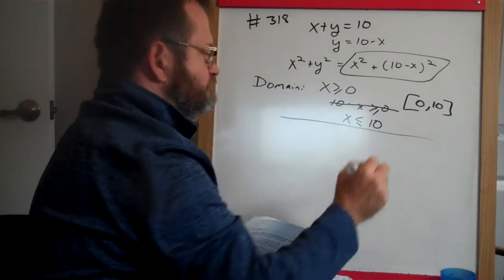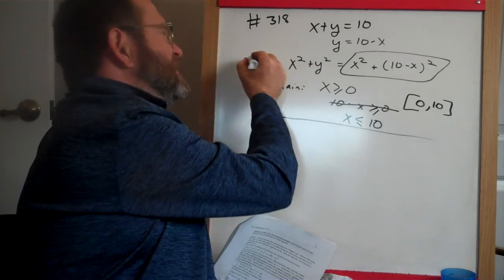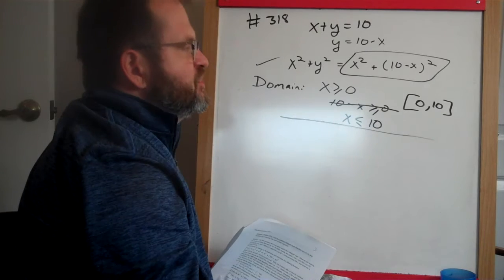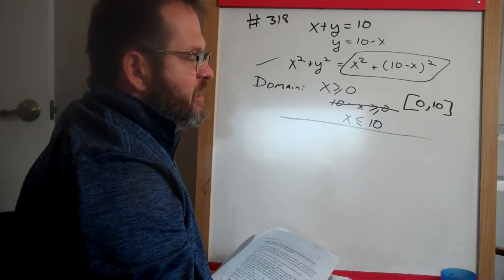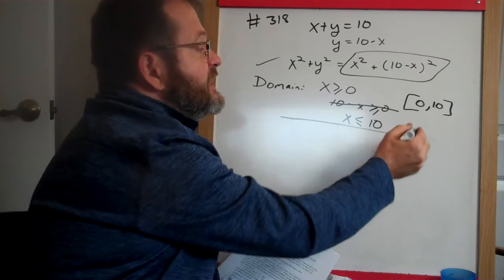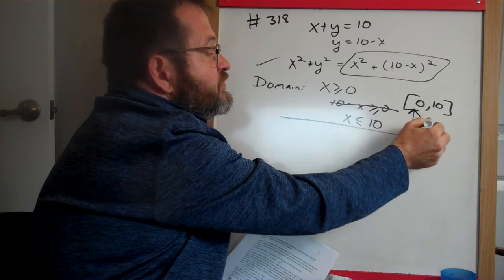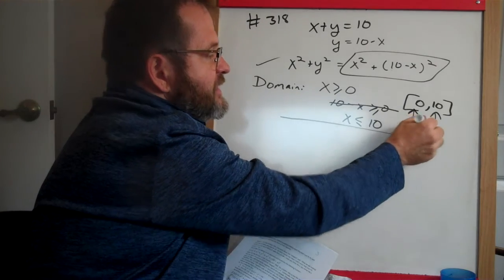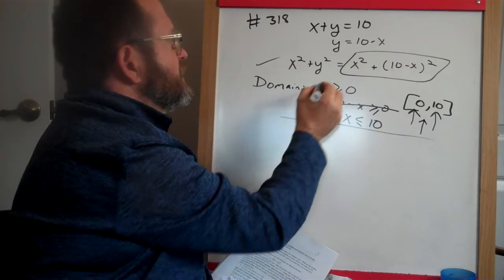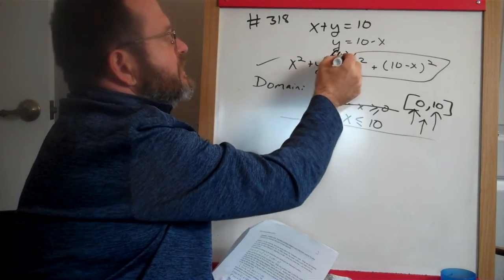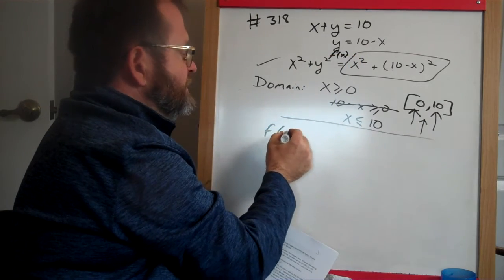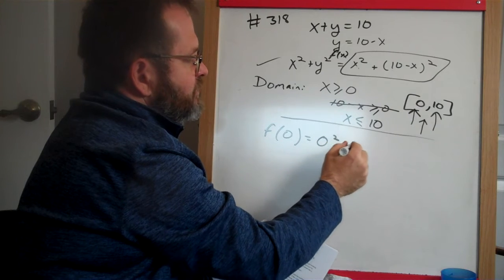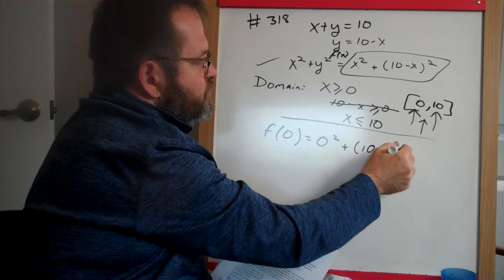All right. Once again, we're trying to maximize and minimize this relationship right here. The extreme value theorem tells us that the extreme values will be either at the endpoints or at some critical points between those endpoints. Let's do the endpoints first. If we call this thing f of x, f of 0 will be 0 squared plus 10 minus 0 squared.